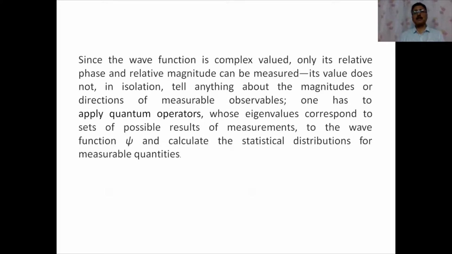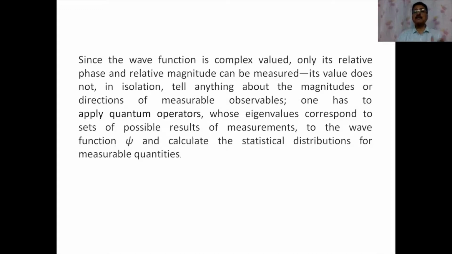Since the wave function is complex, only its relative phase or relative magnitude can be measured. Its value does not in isolation tell anything about the magnitude or direction of measurable observables. One has to apply quantum operators whose eigenvalues correspond to the set of possible results of measurements to the wave function psi and calculate their statistical distribution for measurable quantities.